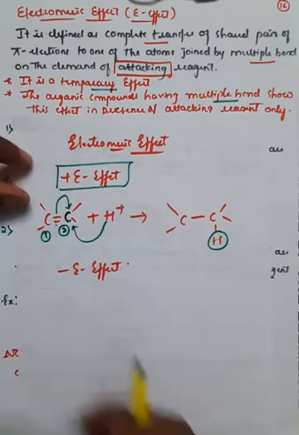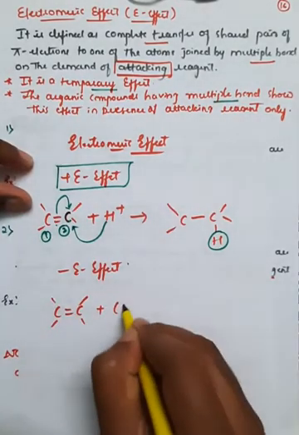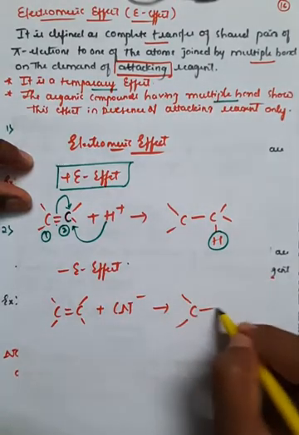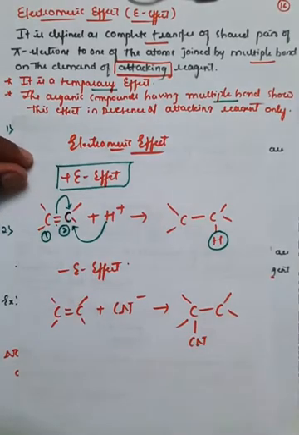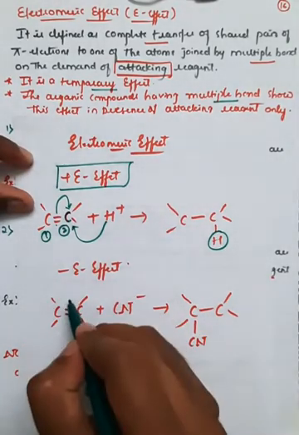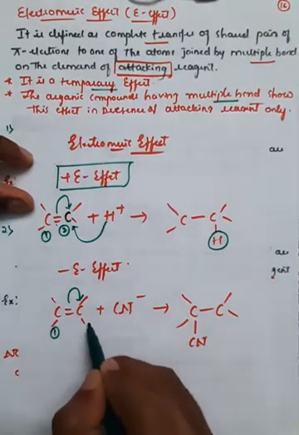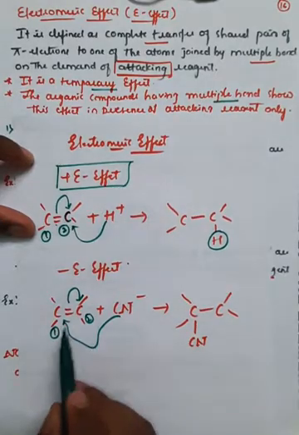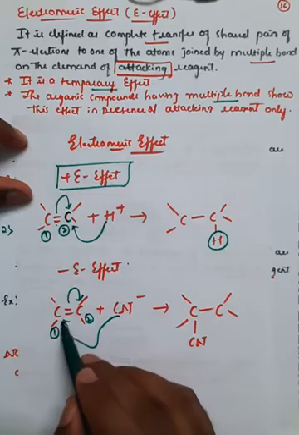But in case of minus E effect, what happens? There is the same molecule, but if we take CN minus, the product is different, right? Here there is a bond formation of CN, but this double bond is shifted to the second carbon. Again, I can number here: this is the first carbon, this is the second carbon, and cyanide is bonded to the first carbon atom. Observe here, the hydrogen is bonded to the second carbon atom, cyanide is bonded to the first carbon atom.